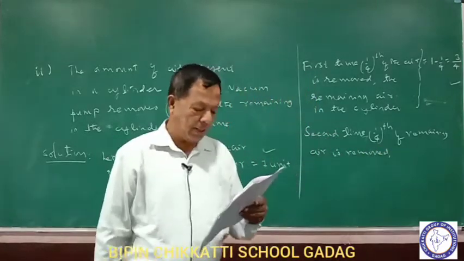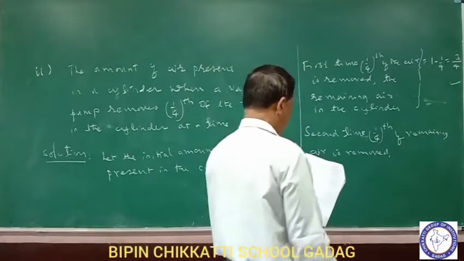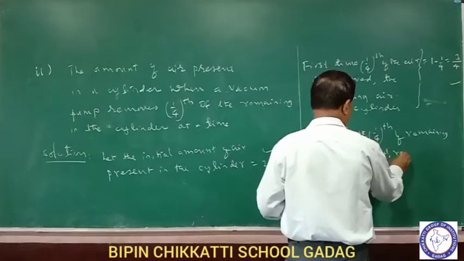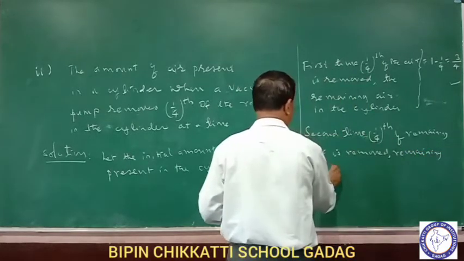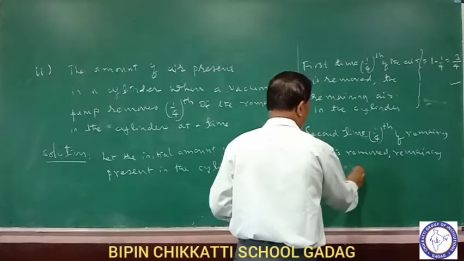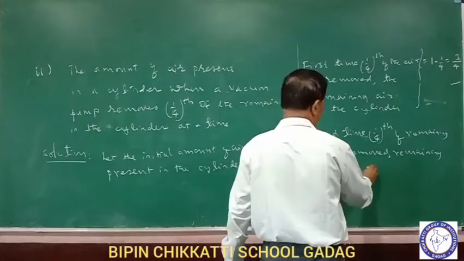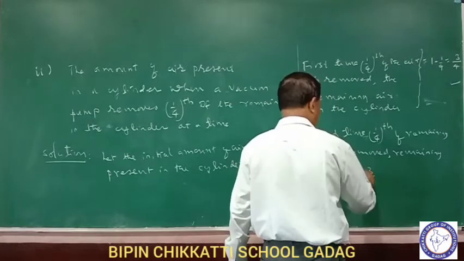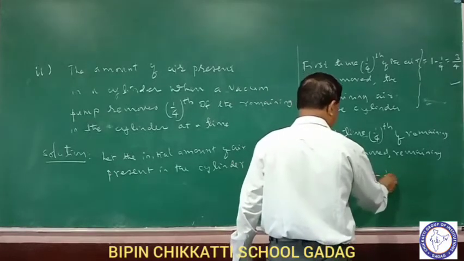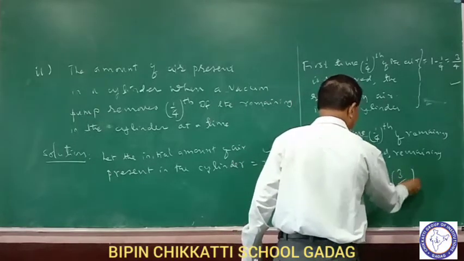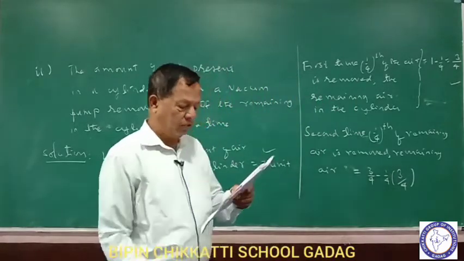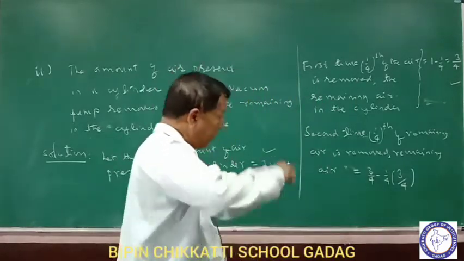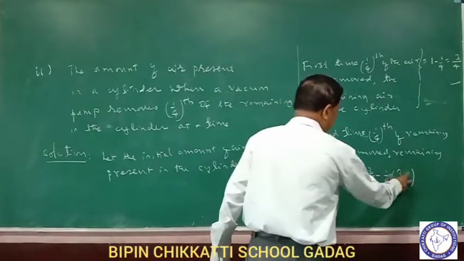The remaining air is equal to 3/4, which is already there, minus 1/4 of the remaining.